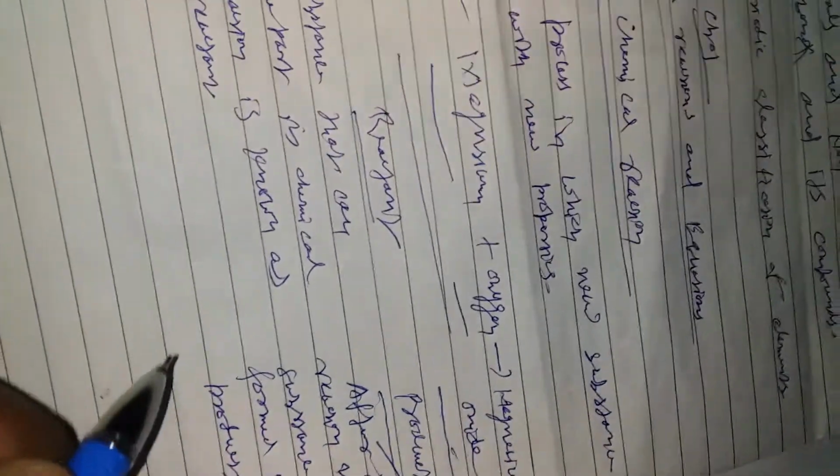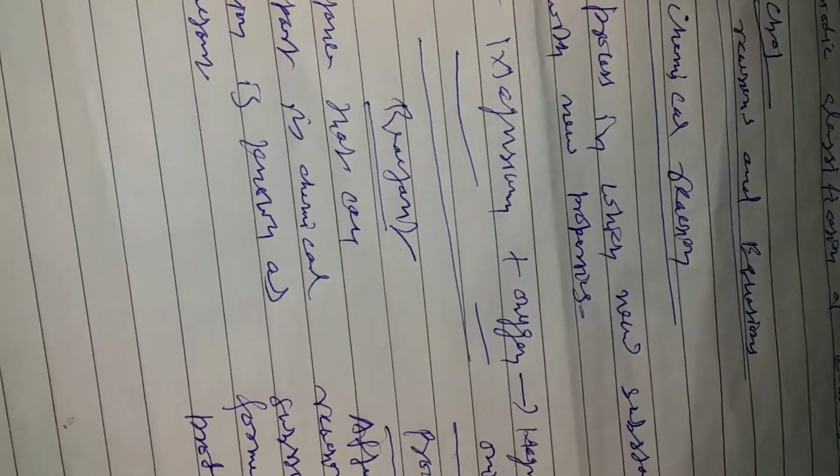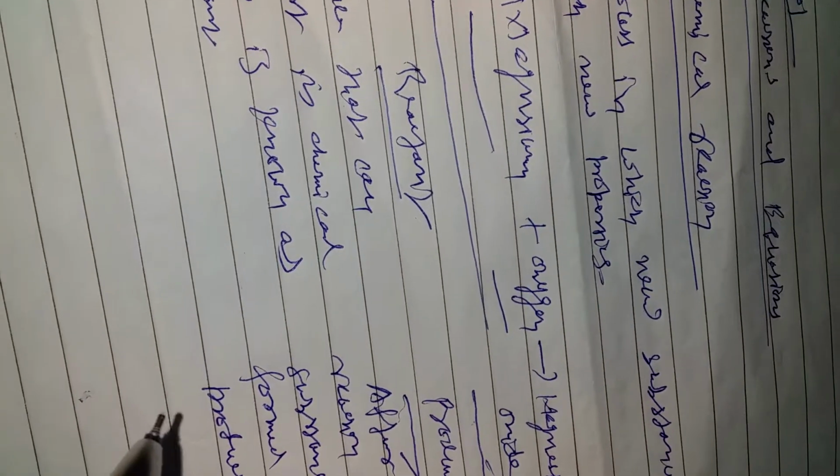That means a chemical reaction contains two parts. Left hand side part is known as reactant and right hand side part is known as product.